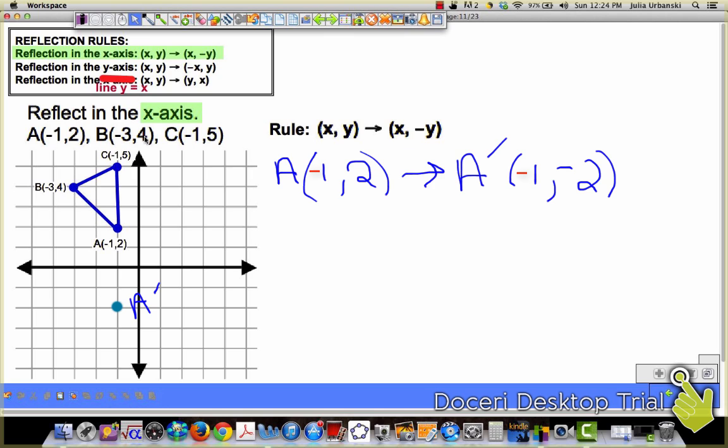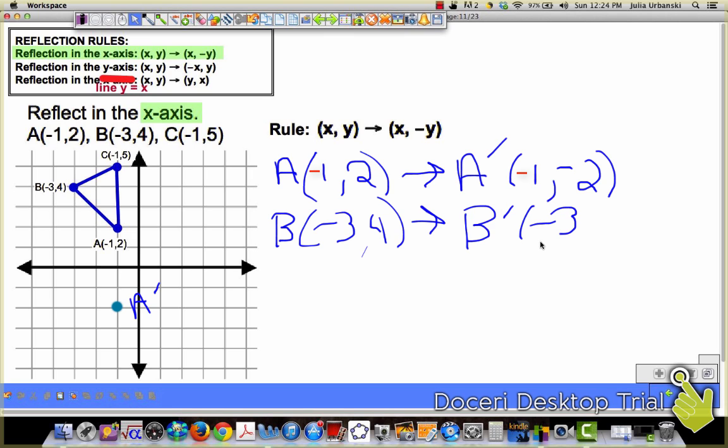Now let's try the same thing with B. B starts out at (negative 3, 4). So B, which was (negative 3, 4) to begin with, turns into B prime. And we have to follow the rules. X is negative 3, and in our result, x stays the same, negative 3. But the y, which is 4, turns into negative y, which would become negative 4.